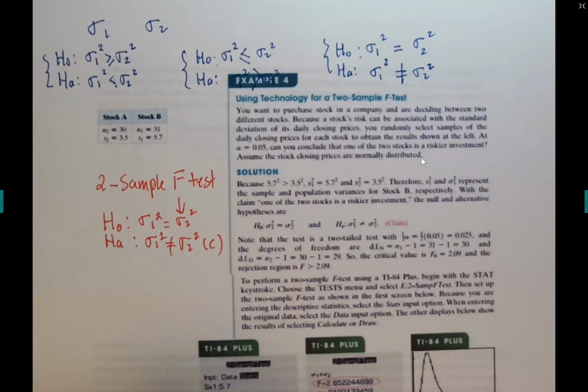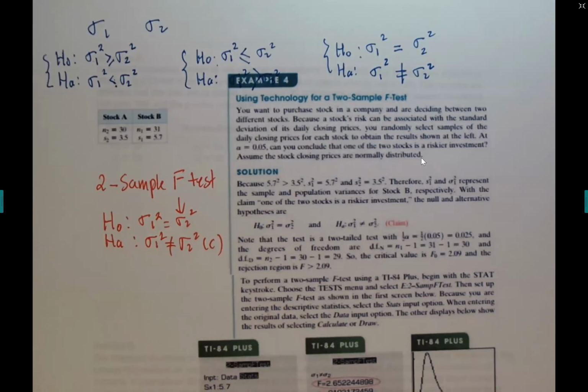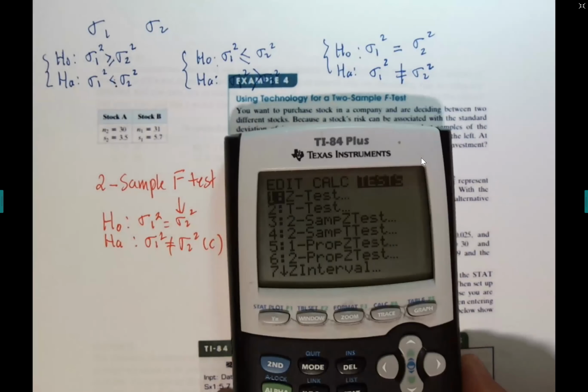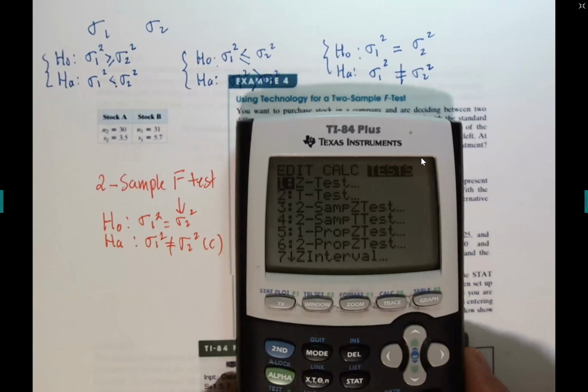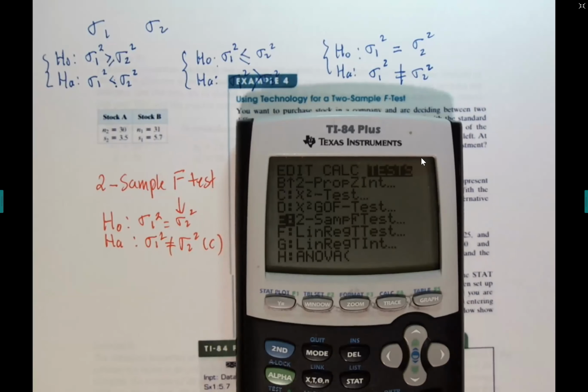So two sample F test, guys, let's get it. Go to your calculator, STAT, TESTS, right here. And then scroll up if I were you, because it's at the bottom and you can see it right here. That's the one that you haven't used. That's the last test, guys, that you haven't used in this book yet. Enter.